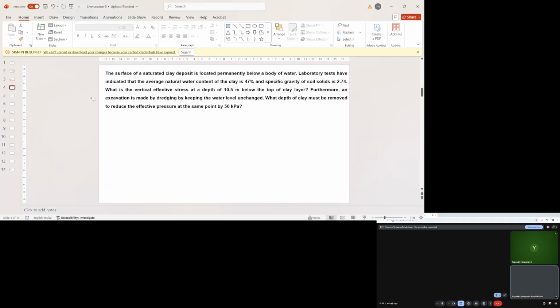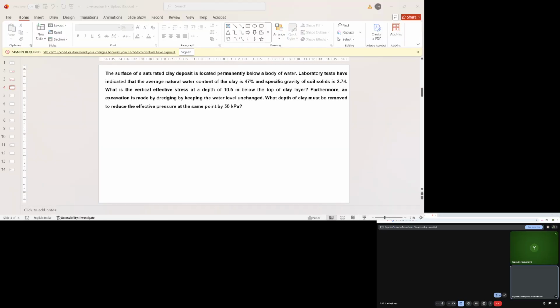Coming to the next question. The surface of a saturated bed deposit is located permanently below the body of water.